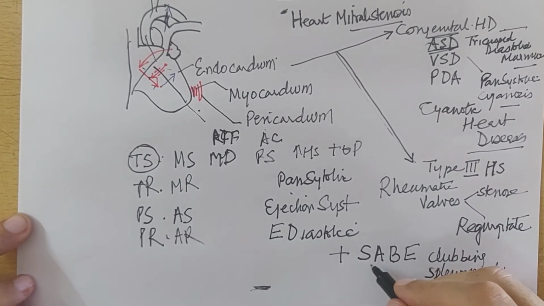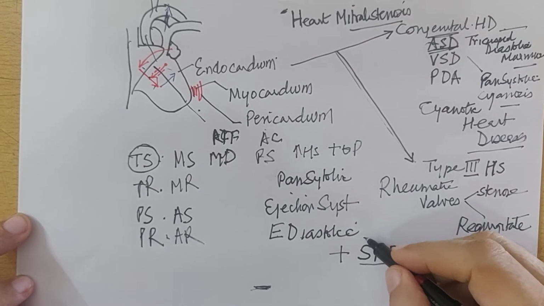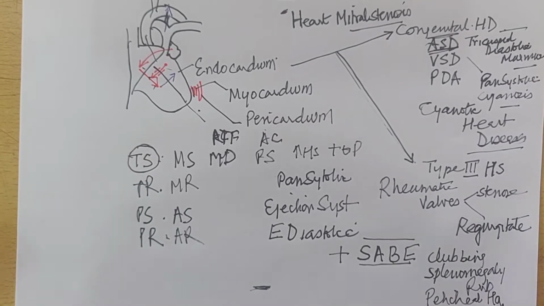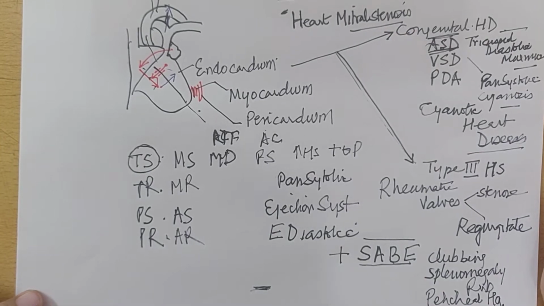And subacute bacterial endocarditis is a very difficult complication because this infection can spread anywhere in the body and can produce extreme toxemia and death in such patients.